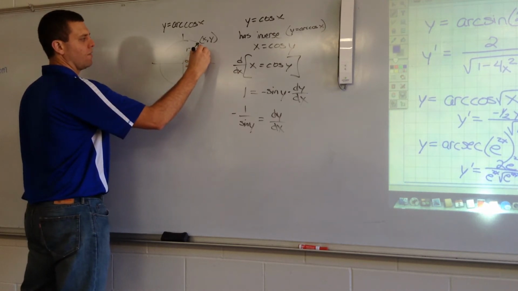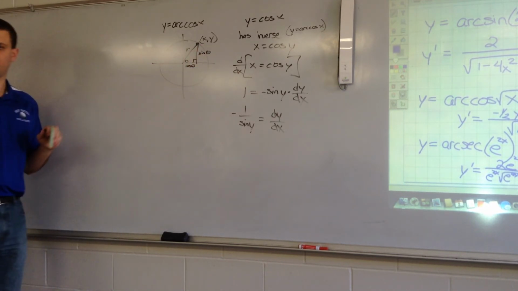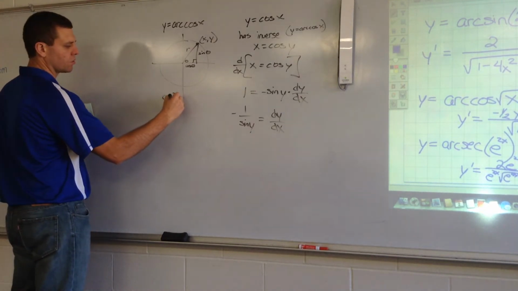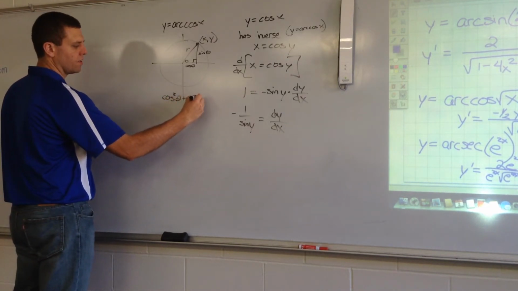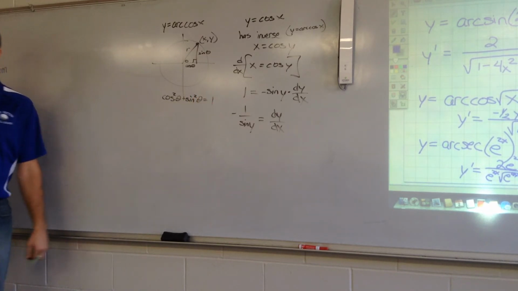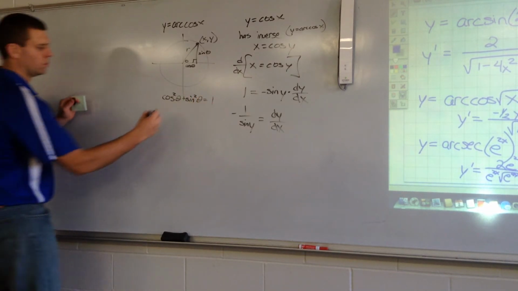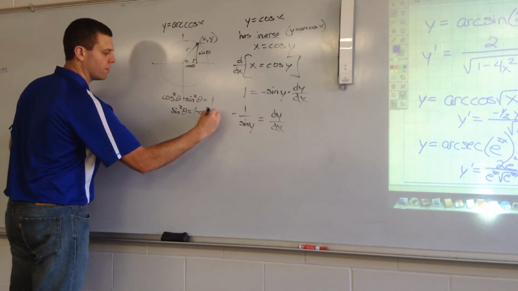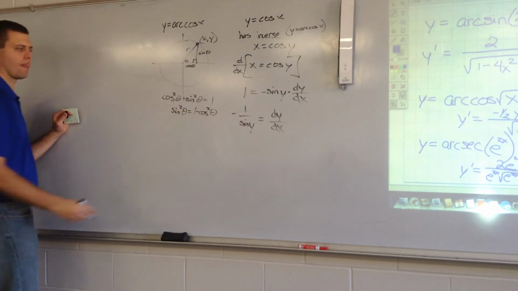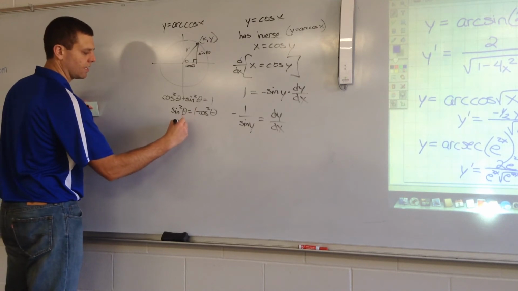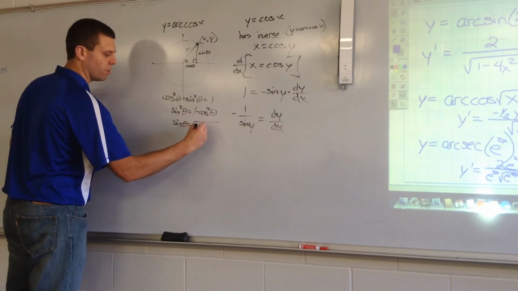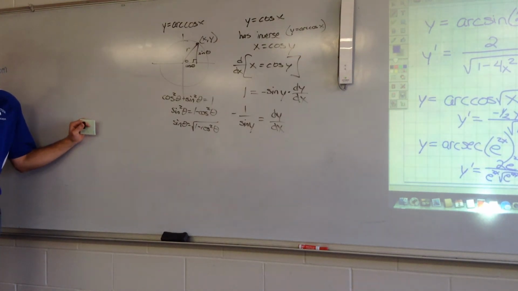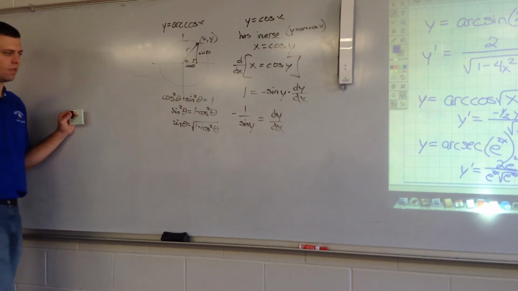Yeah. And the y value is your sine theta? Uh-huh. And on the unit circle, we know that cosine squared plus sine squared equals 1. Sine squared would equal 1 minus cosine squared. Sine would equal the square root of 1 minus cosine squared. Square root both sides.